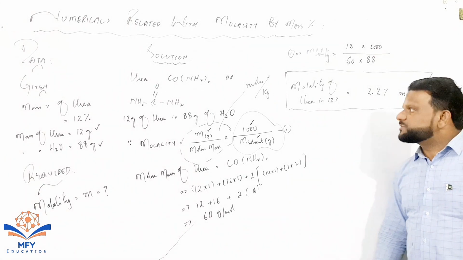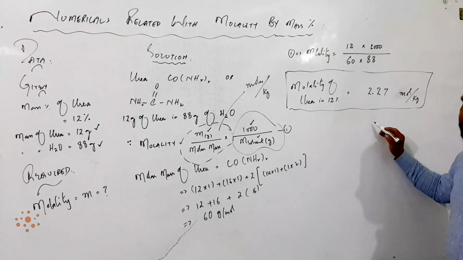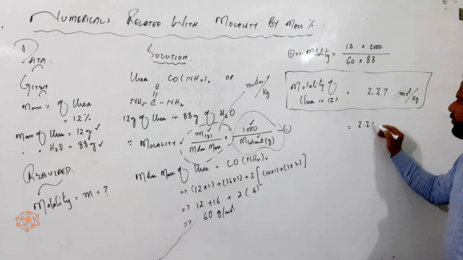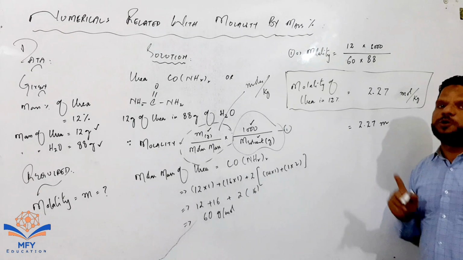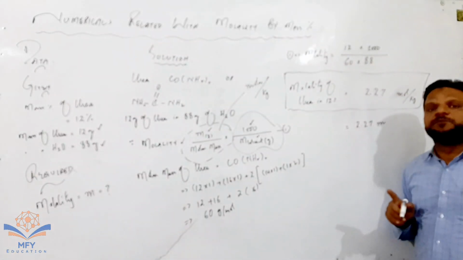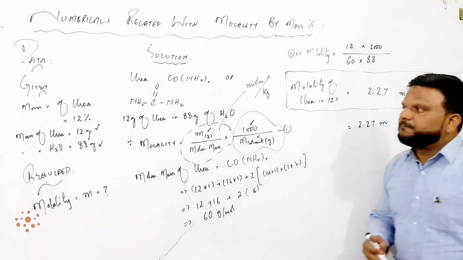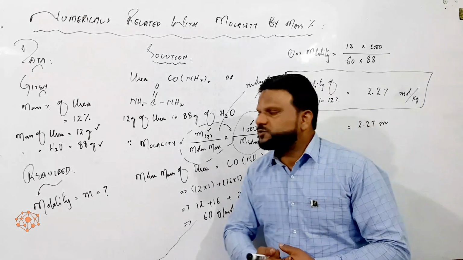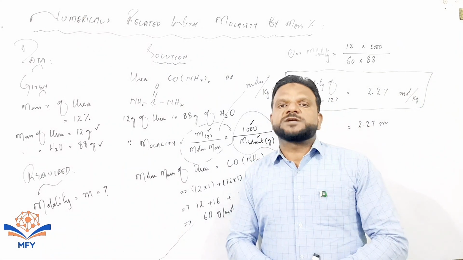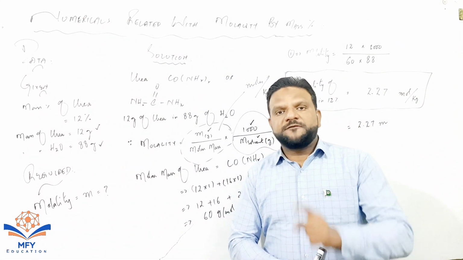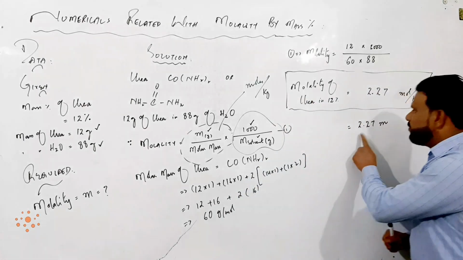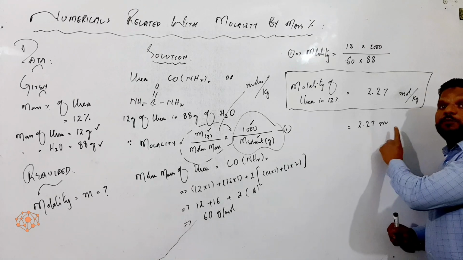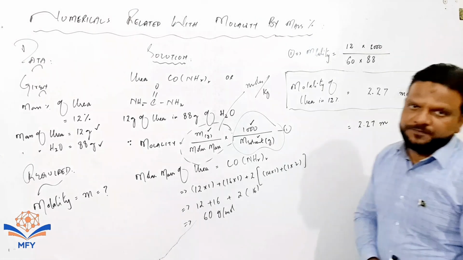We can also write it as small m, or 2.27 small m, which represents a molal solution. It means that a mass percent of urea of 12%, if converted into molality, becomes a 2.27 molal solution of urea.